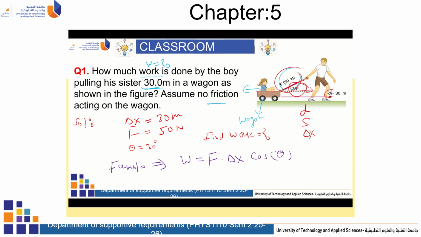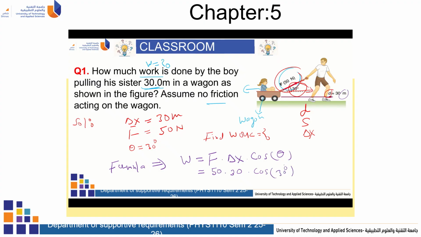I have to put in the value of the force, which is 50 newton, and the value of the displacement, which is 30 meter. It should be meter, not centimeter, not millimeter, not kilometer, only meter. The displacement should be only in the unit of meter. And here this is cosine theta, and the value of theta is 30 degree.